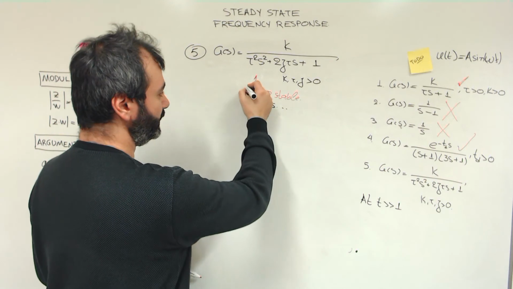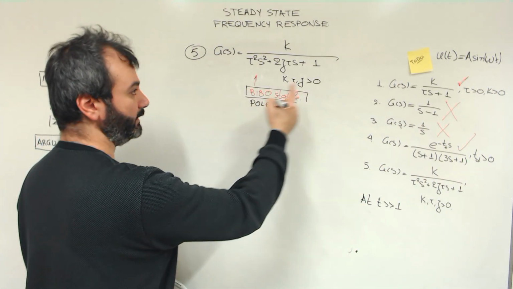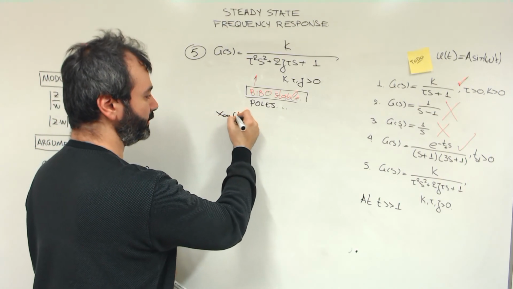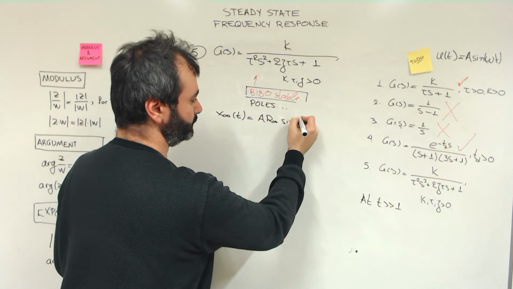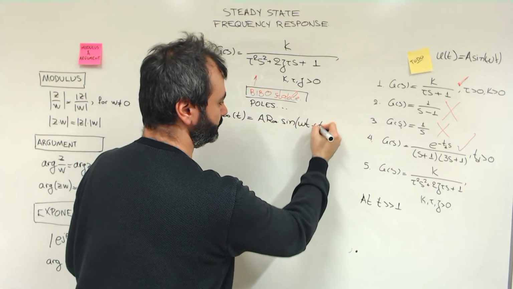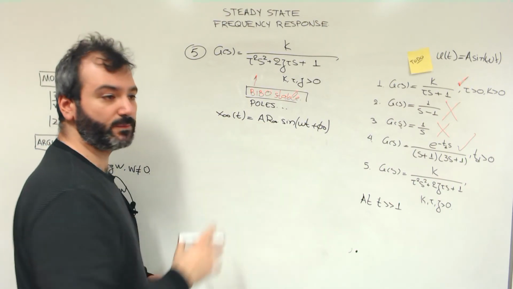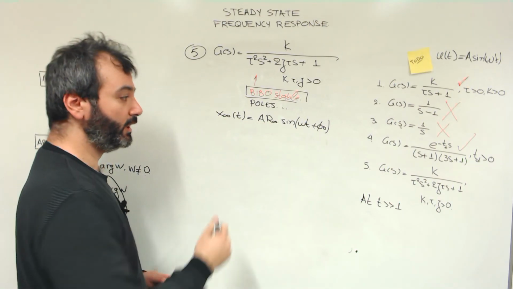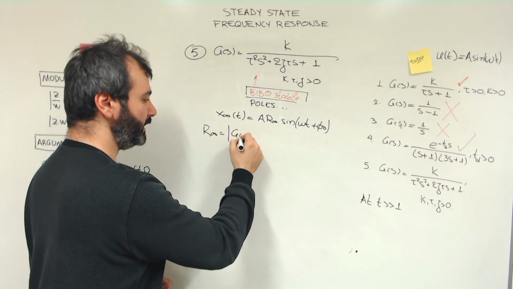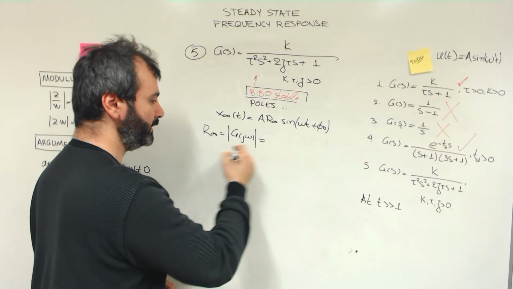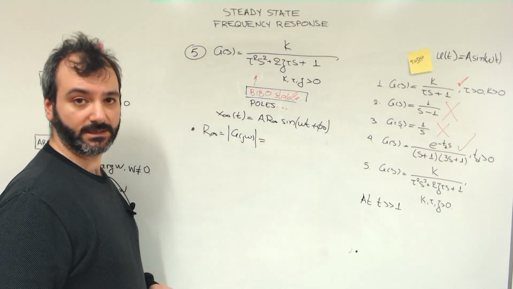Given that, you can do that as an exercise, we can move on and tell what is the steady state frequency response of this system. According to the theorem, the steady state frequency response is given by this expression, where R infinity is the modulus of G at j omega. So let's find that, and then we'll also determine phi 0.